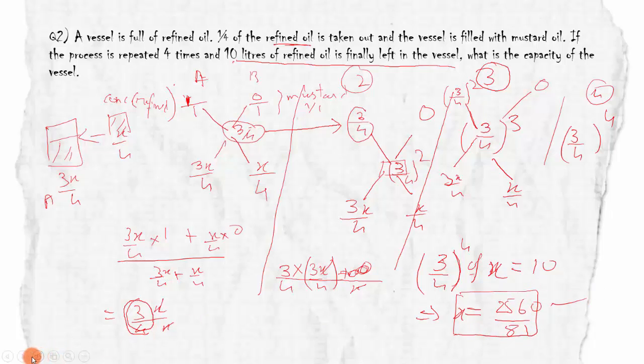So I'll just redo it to make it clear once again. We were repeating the same process, right? In the first step, we had 1, 0, 3x by 4, x by 4, and we got 3 by 4, with respect to refined oil. We started with pure refined oil, 1 by 1, and we reached 3 by 4 refined oil in the first step.